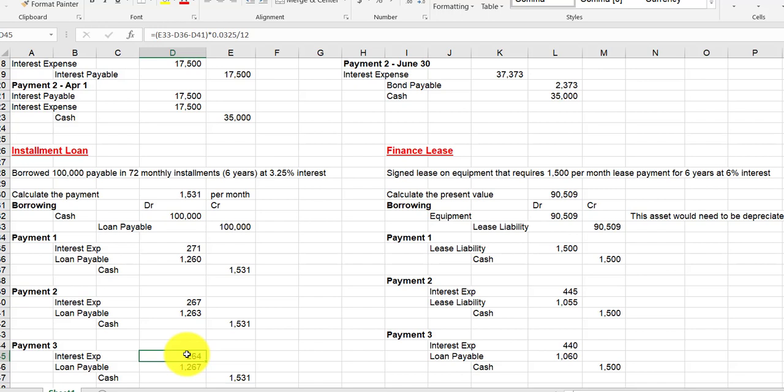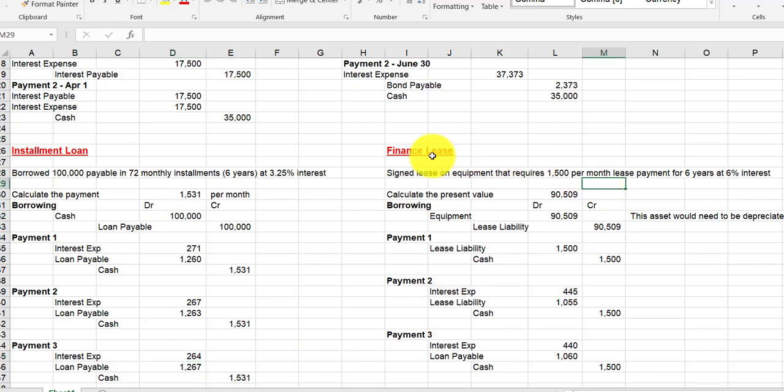So we take the original loan payable minus all of the amounts that we are subtracting from the loan payable. Think of it as a loan payable credit, and then each time we make this payment, we're debiting that loan payable T account. And the total amount of that loan payable is going down each time. Cash always the same.